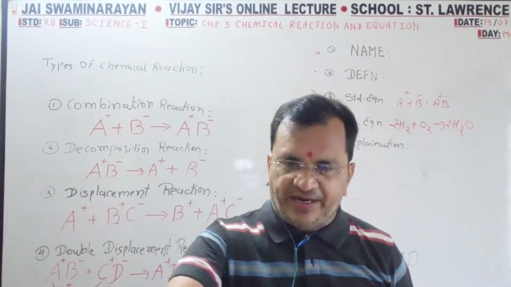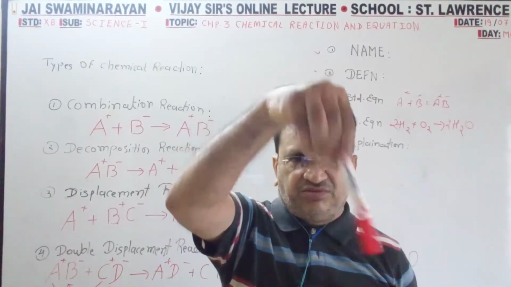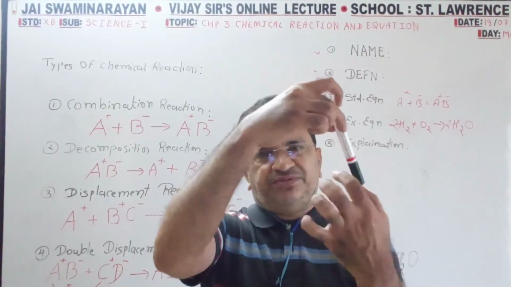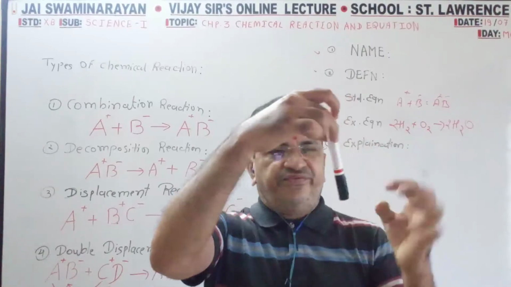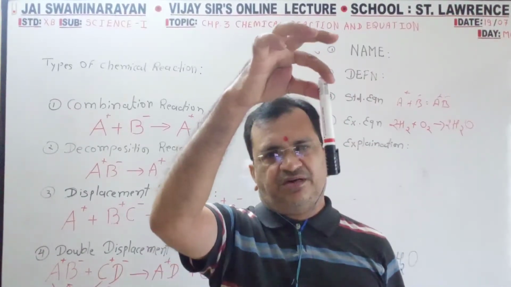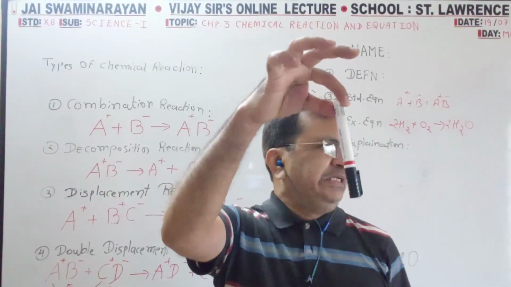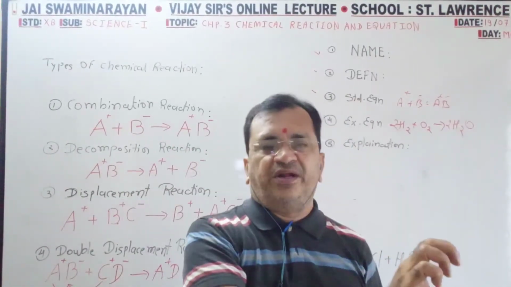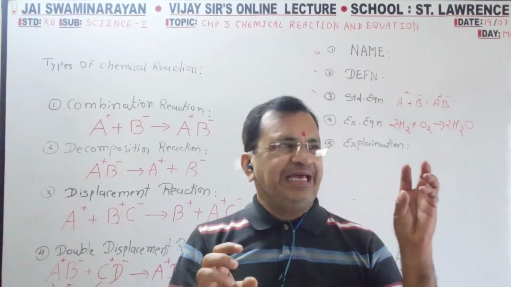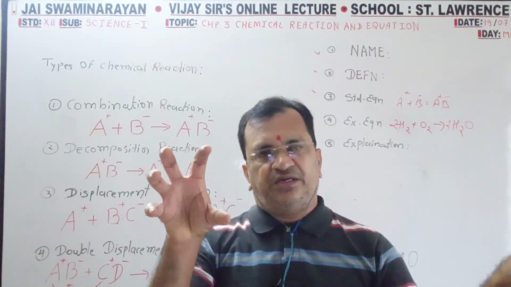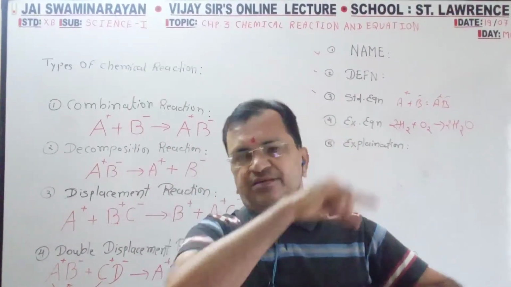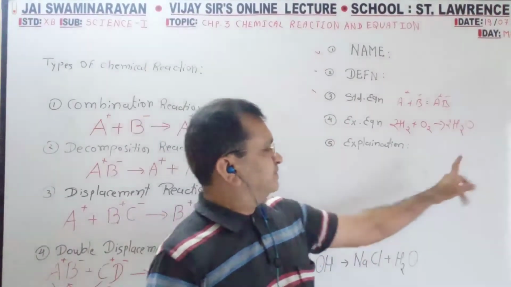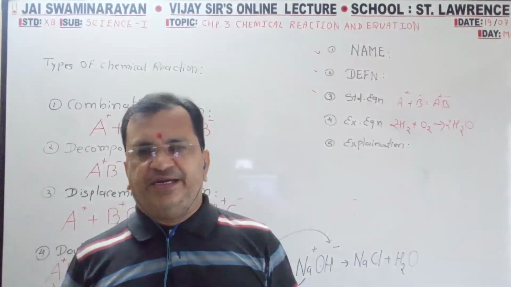So copper you will find on this. It becomes reddish, copper color you will find. So it displaces the copper. So iron plus copper sulfate gives copper plus iron sulfate. That same you have to write in words.